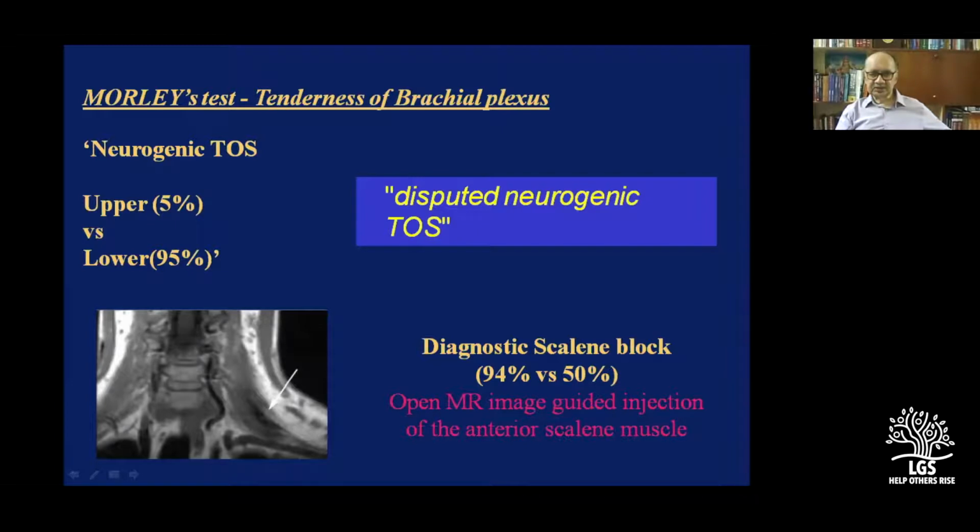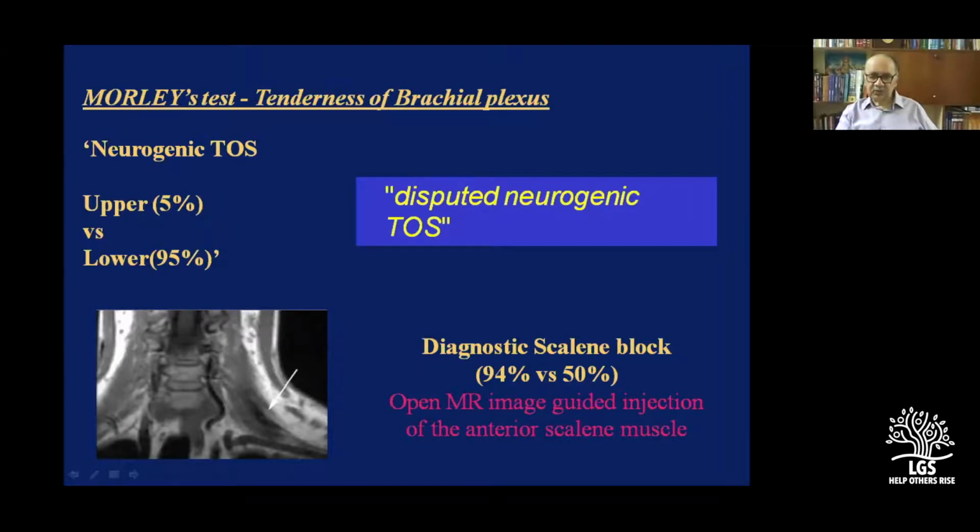There is a syndrome called disputed neurogenic TOS where the cause has not been found out. It is suggestive of a brachial plexus block where you do a Morley's test. Similarly, for the muscular aspect, a diagnostic scalene block is useful: it is positive in 50% of general controls, whereas 97% are positive in people with TOS.